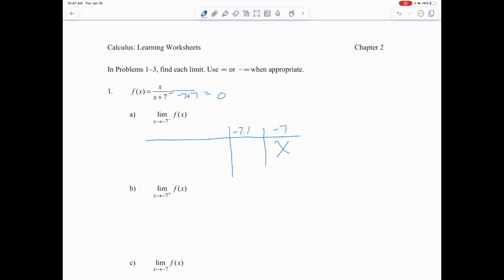So I would plug in -7.1 over -7.1 plus 7. I'm going to get -71.